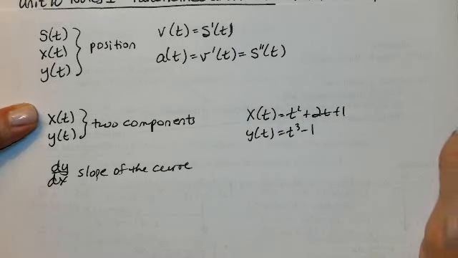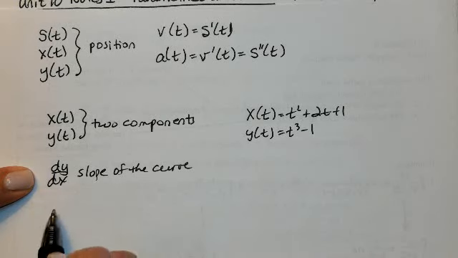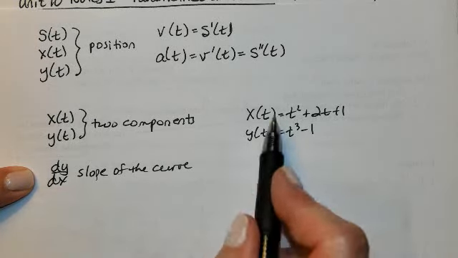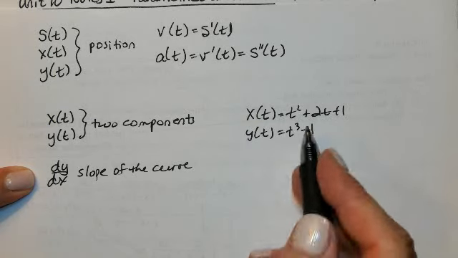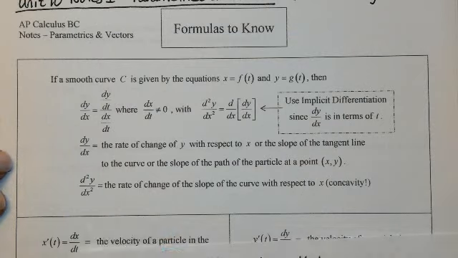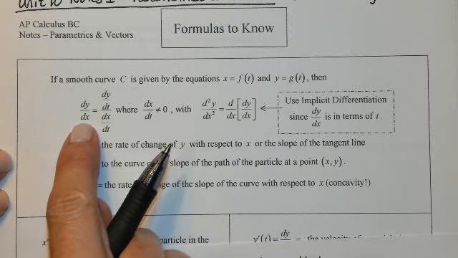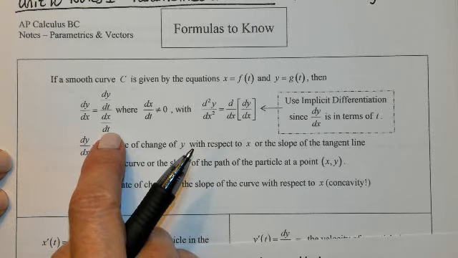All right, so dy dx is the slope of the curve, but how do you find dy dx if you have x and y both as functions of t's? Well, that's the first thing on your sheet, so let's take a look at that. dy dx is dy dt divided by dx dt.